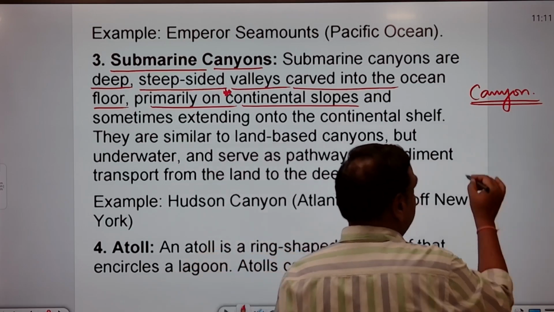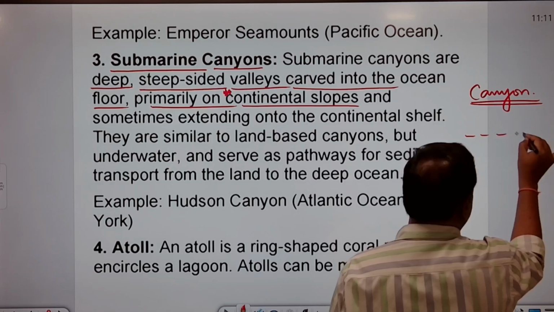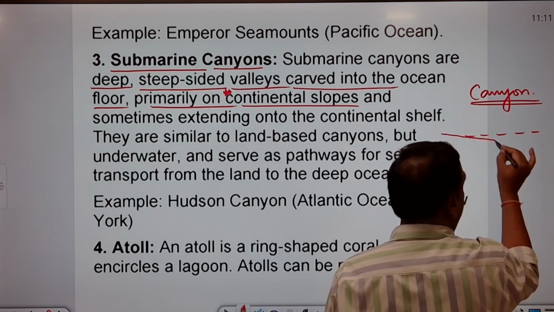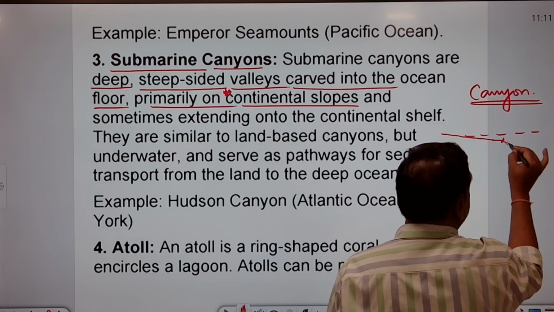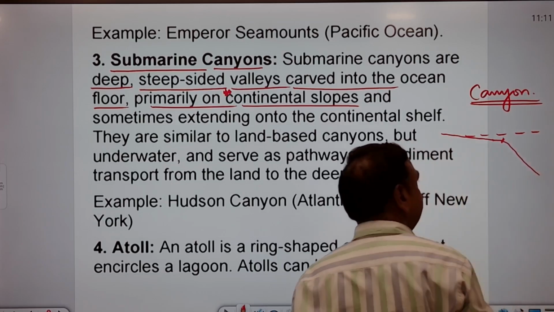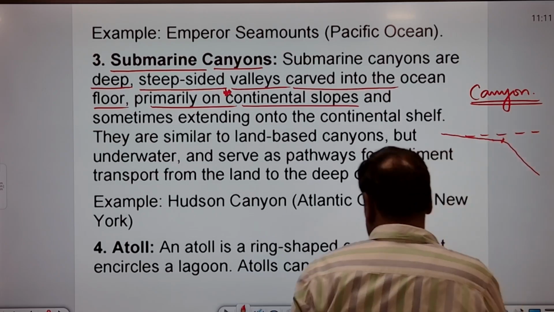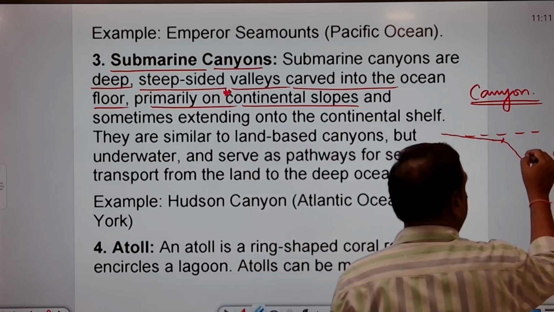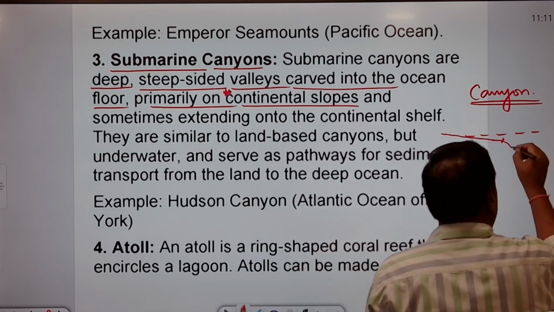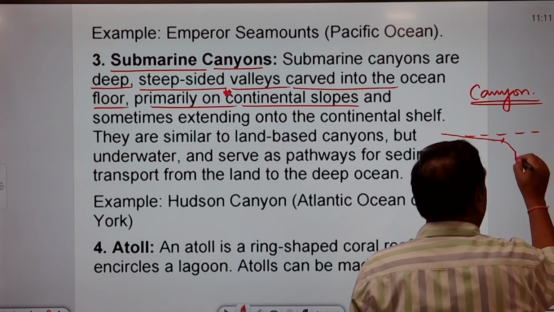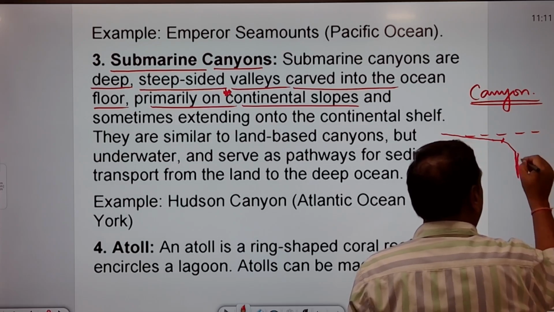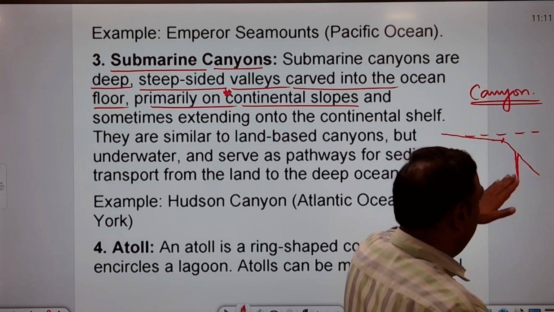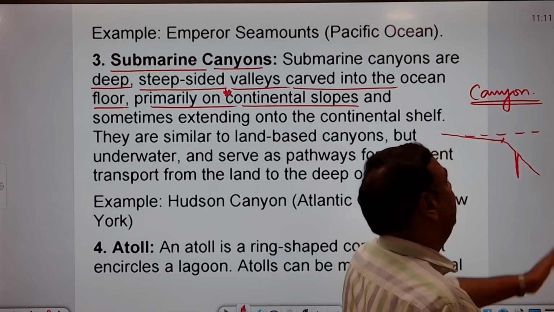Now see here, if I say that this is the sea level, the continental shelf extends under the seawater, then after the shelf break takes place, the continental slope is formed. If I tell you that on this continental slope part, somehow a fault has been created, so due to the formation of the fault, a gap has been formed there.